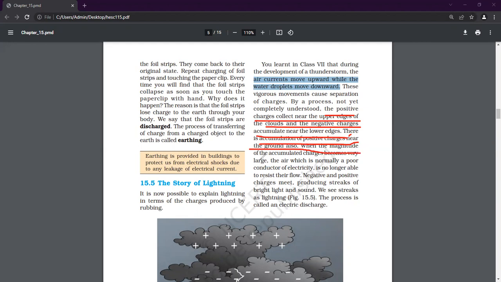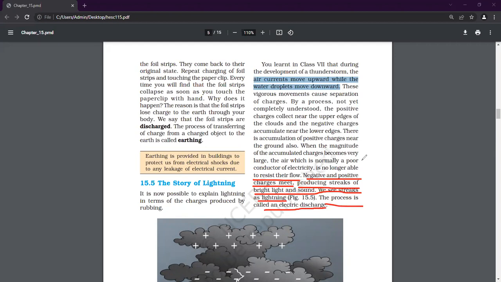When the magnitude of the accumulated charge becomes very large, the air, which is normally a poor conductor of electricity, is no longer able to resist their flow. Negative and positive charges meet, producing streaks of bright light and sound. We see streaks as lightning. The process is called electric discharge.